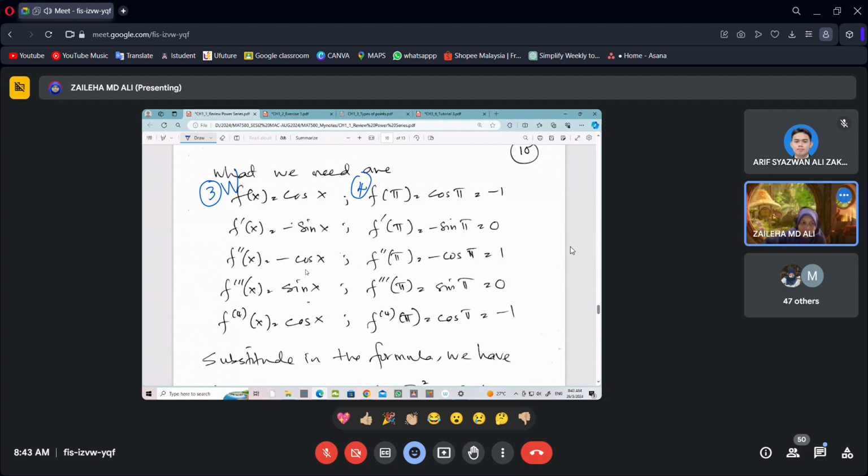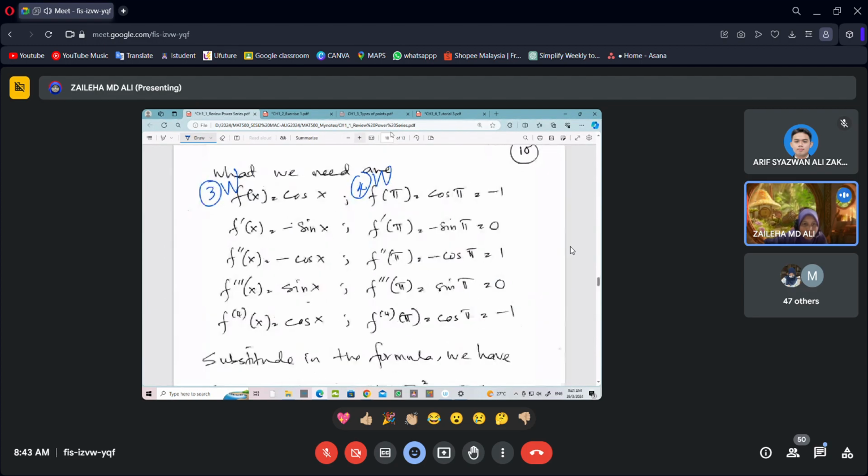3 dan 4. Third, this is still working, the working for finding the derivative. 4 is the working finding the value, right?